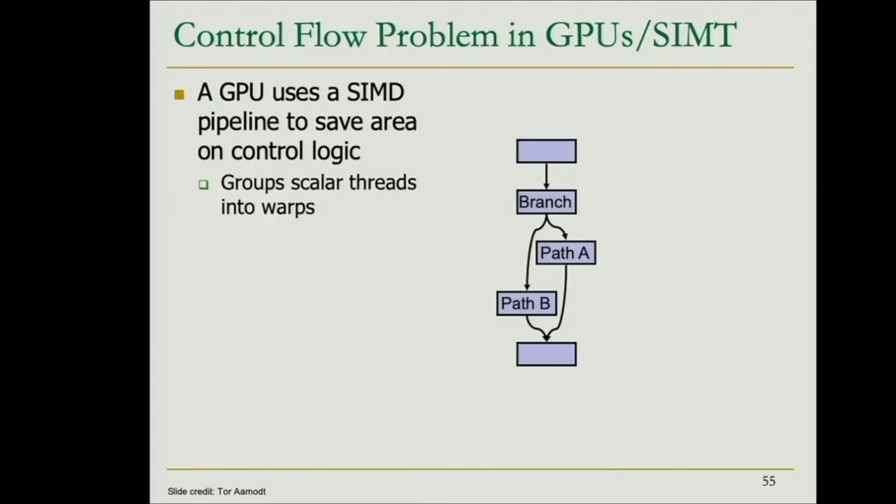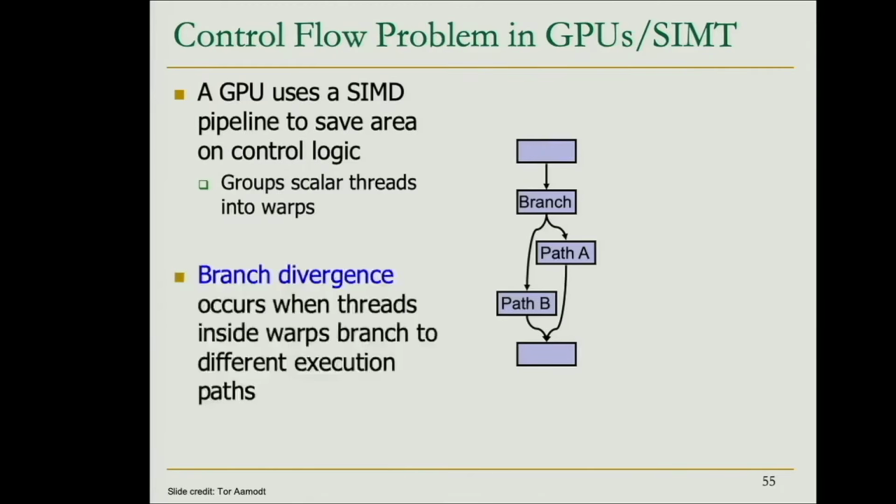You have a clear example here, a branch and two different paths, A and B. Depending on, for example, the value of data read from memory, or the index of the specific thread, we will go through path A or path B. And the problem here is that this produces branch divergence, and branch divergence translates into warp divergence, intra-warp divergence.